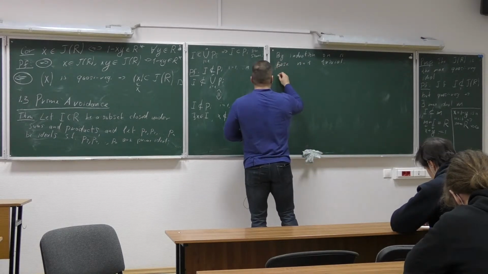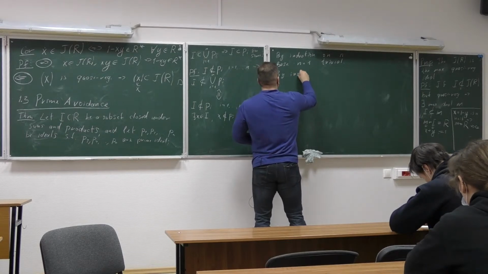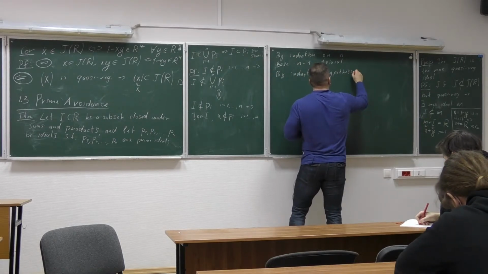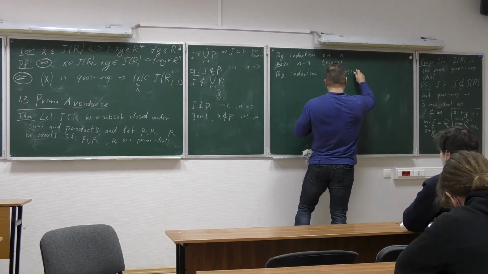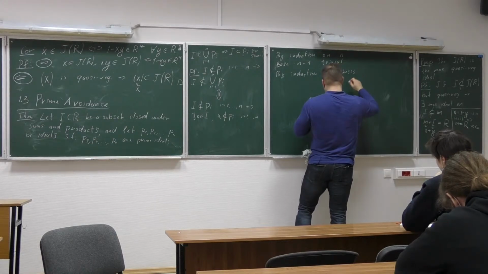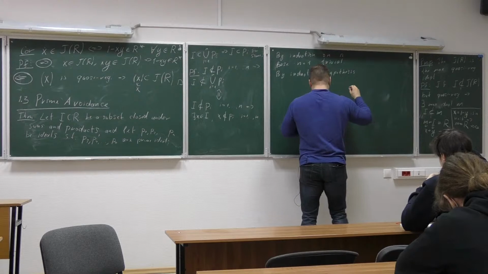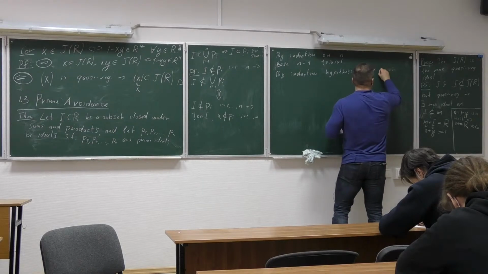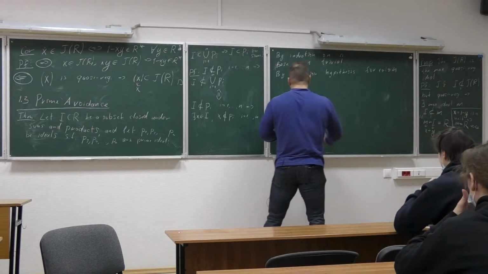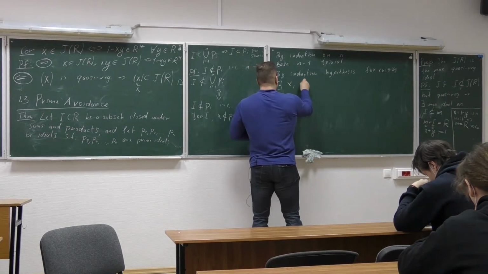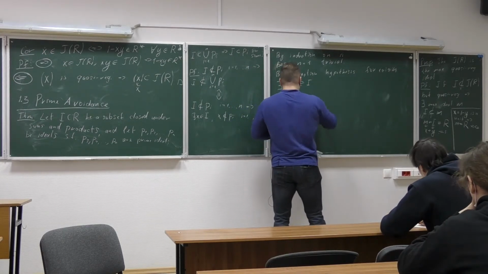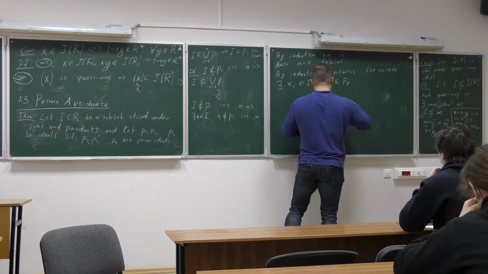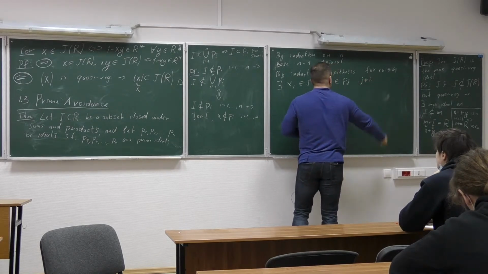Now by the induction hypothesis, for i being between 1 and n, there is x_i in the ideal I, and this x_i is not in the ideal P_j for j not equal to i.